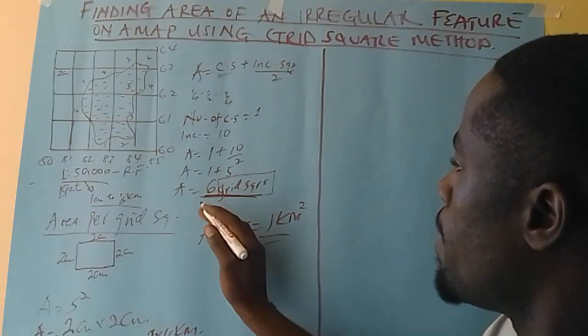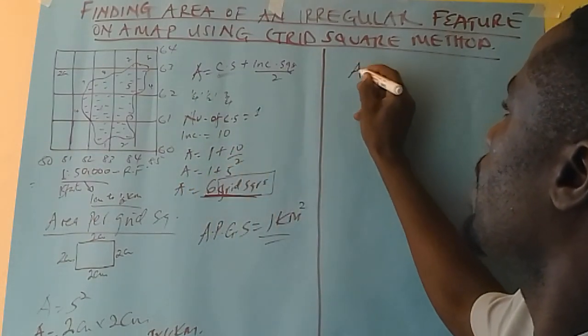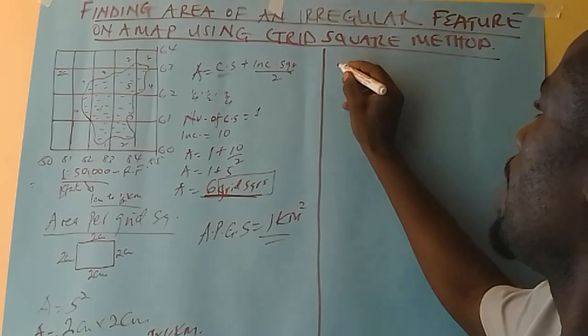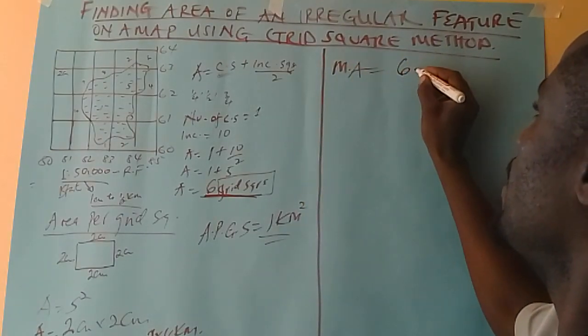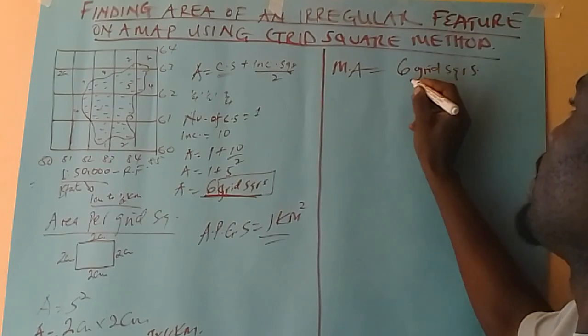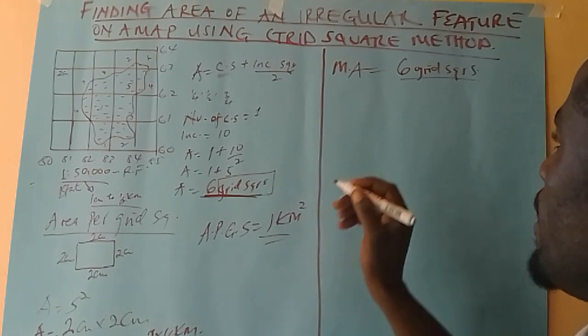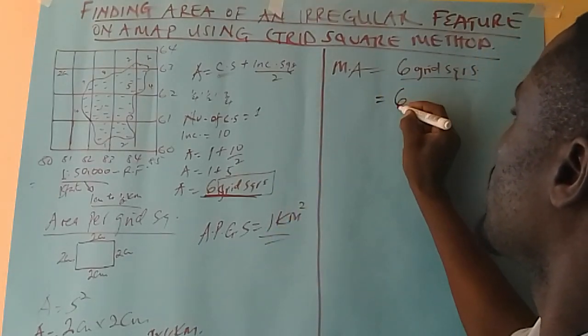After getting that, we go back to our feature. We said that the map area of our feature is 6 grid squares. And now we have already got what a grid square is worth. So our area is going to be 6.